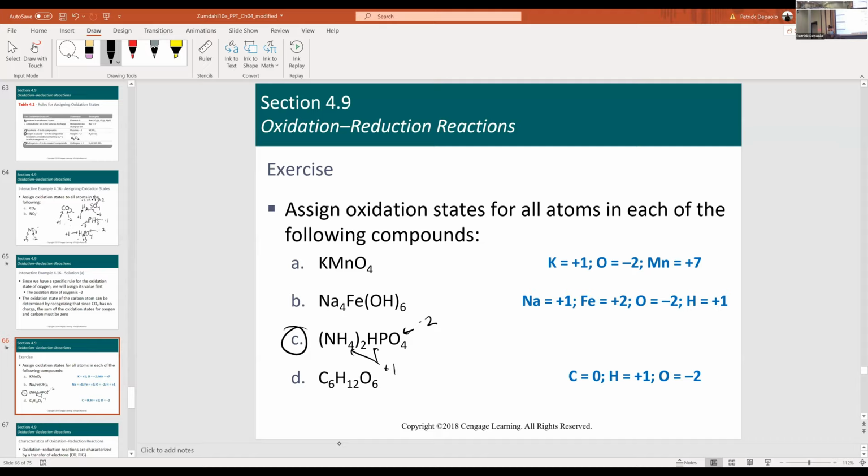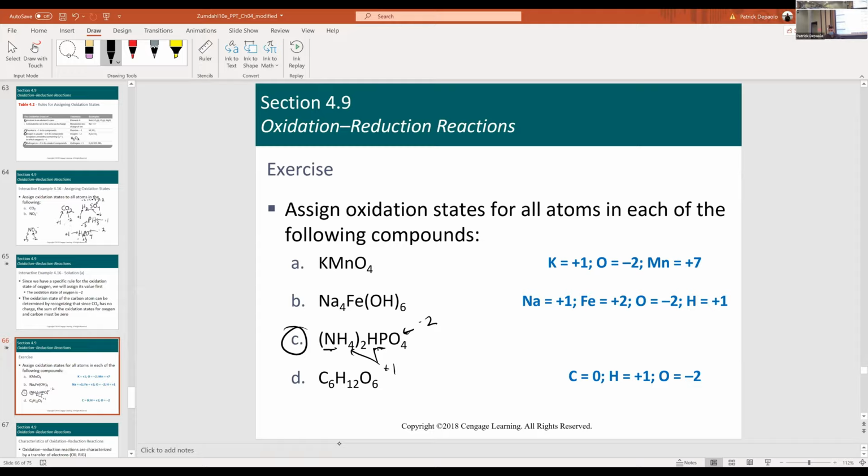I see what your thought was. I'm not looking for the answer here, but how would you go about finding the oxidation state of nitrogen and phosphorus here? Good. Yeah, split it up. Let's just say you said that. Yeah, sure. Splitting up.